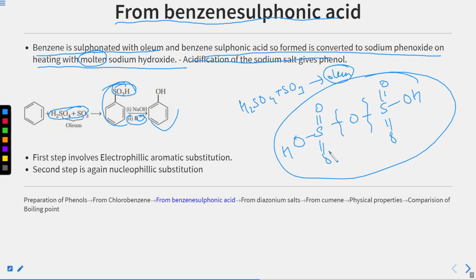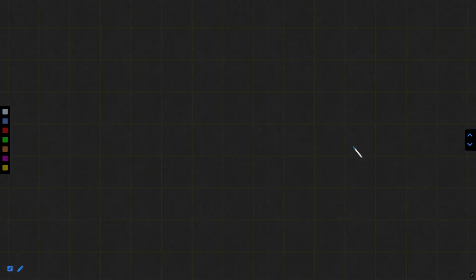They can be easily broken. So a nucleophile attacks here and removes this group, and you get back your SO3H, which is S, O1, O2, O3, and H. So this is the structure of oleum. Let me make it lighter for you, so it looks like this.